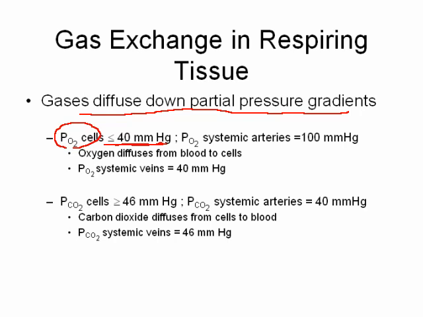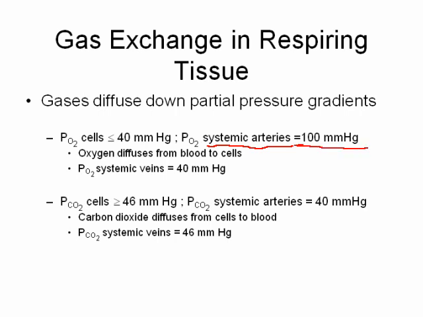So the oxygen partial pressure is probably about 40 millimeters of mercury, or even less, depending upon how metabolically active the tissue is. Within the arteries, arterioles, capillaries, at least at the arteriole end, the partial pressure is about 100. So oxygen diffuses from an area of high pressure to an area of low pressure. So it diffuses from the blood into the cells.